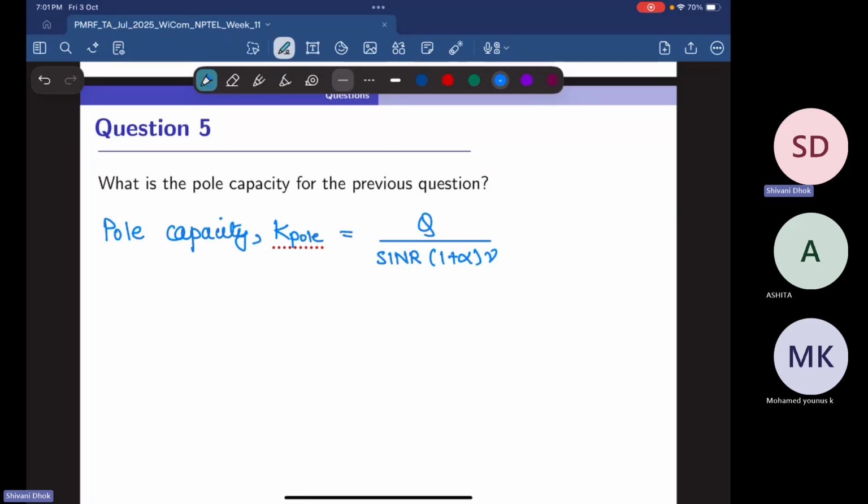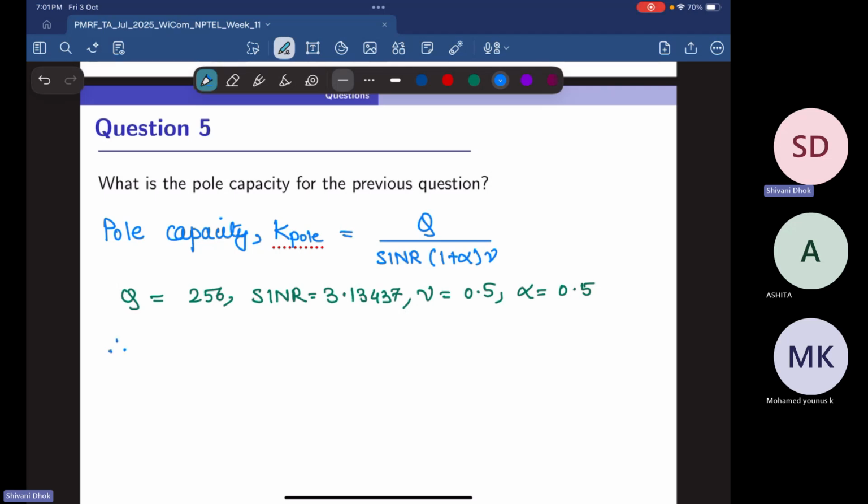Now let me just repeat those values. Q is given to us as 256. Then this SINR we obtained in the previous question as 3.13437 in linear scale, not in dB. Then this nu is 0.5 and this alpha is again 0.5.